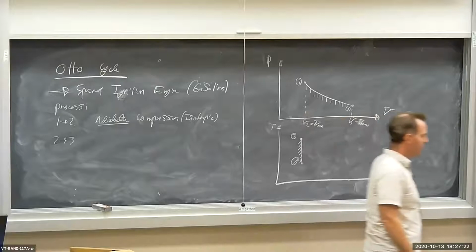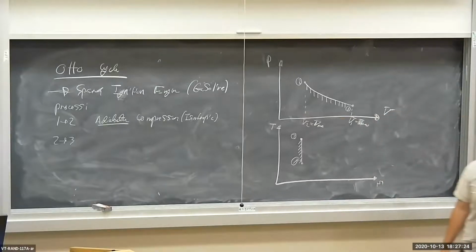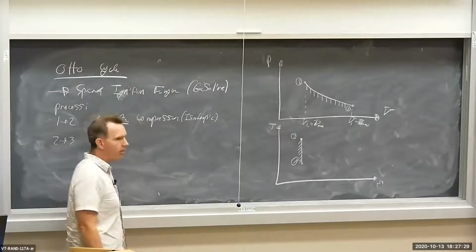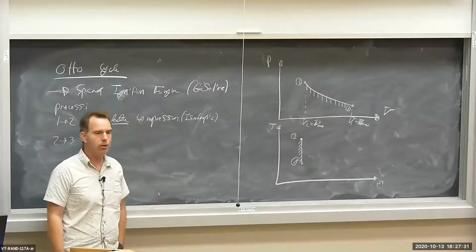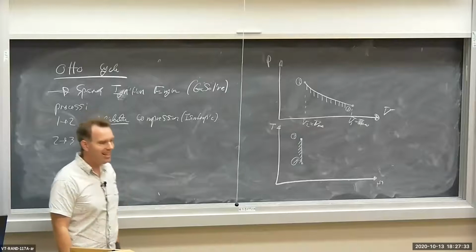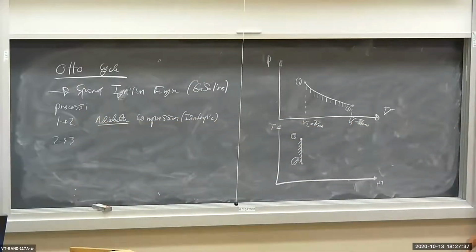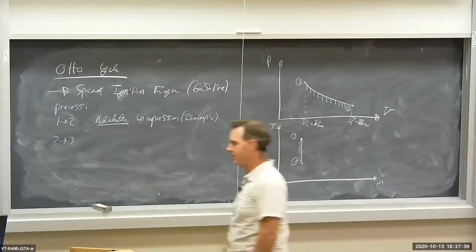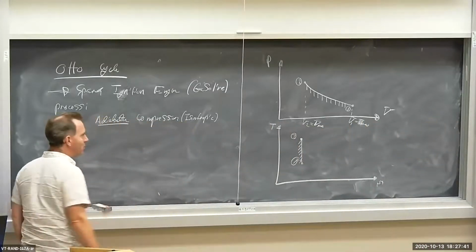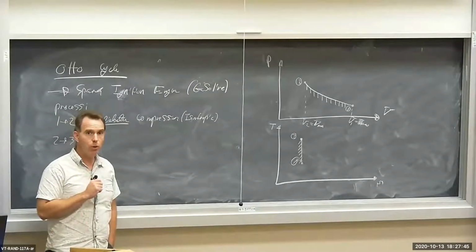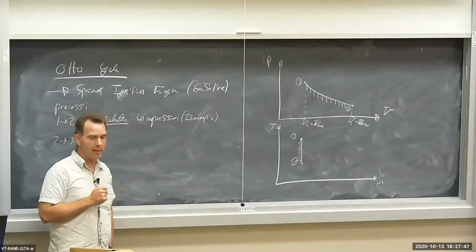instant combustion or heat release or burning of the air-fuel mixture inside the piston cylinder device results in an instantaneous release of heat. The heat gets released so fast that the piston cylinder device isn't moving while all the heat is added.